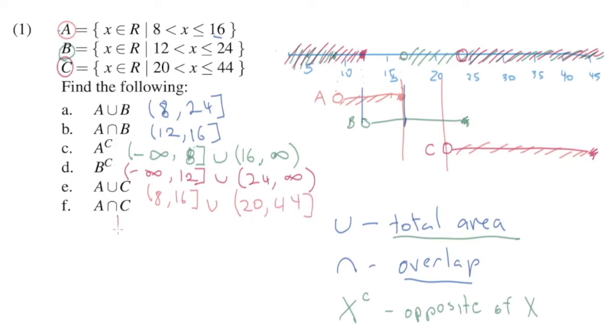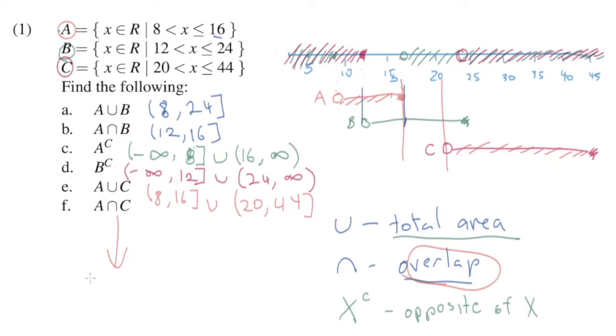Okay, now we get to a more difficult question. We get A intersect C. Now remember that intersection is the overlap, but A and C don't overlap. A and C are actually discontinuous. So what would we write here?